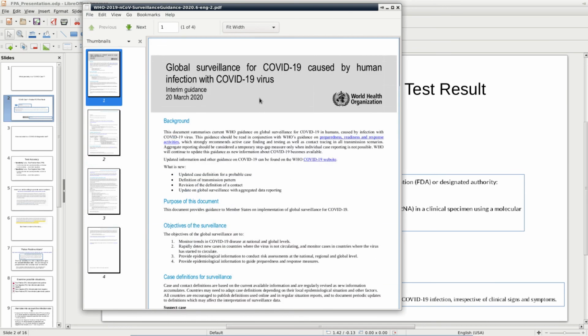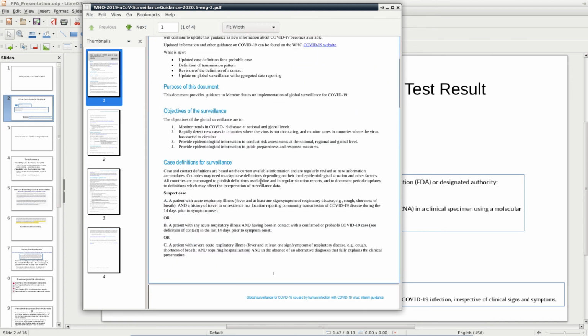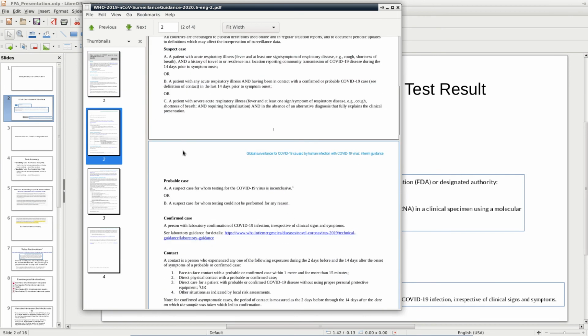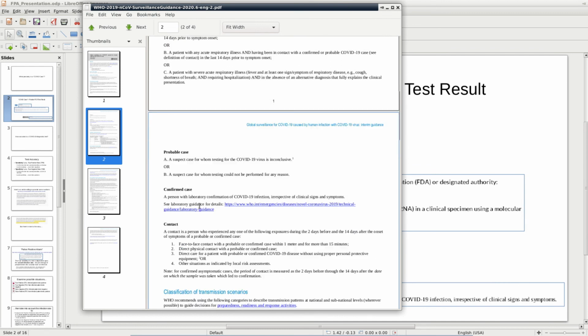So this is the PDF for the guidance on how to classify a case. If you scroll down, there's case definitions. They have a slightly higher grain distinction between suspect, probable, and confirmed. But if you go to confirmed, you see a person with laboratory confirmation, irrespective of clinical signs and symptoms. So that's actually more explicit than the CDC in basically saying that symptoms don't matter.